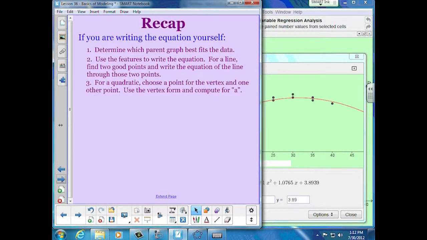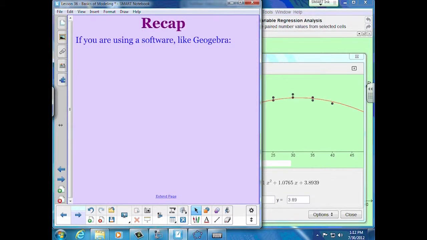I do suggest this vertex form is the easier way, and that's this. It's called the vertex form because you're looking right at the vertex, and then put in one other value for x and y in order to find that a value. Now, what if you're using some software, and GeoGebra is just one, there are other good options out there.